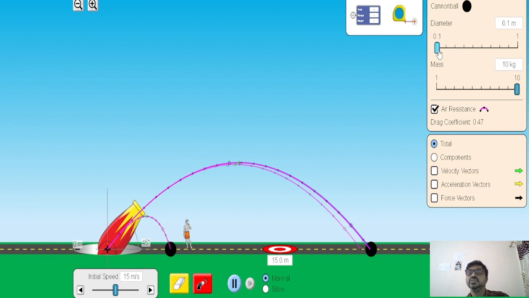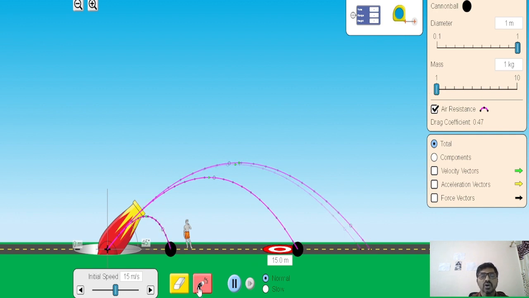Then the final situation, highest size and highest mass: you project it and you see that it is somewhere in the middle. So in all these, the worst case scenario corresponds to highest size and least mass. Highest size and least mass will cause a lot of variation.